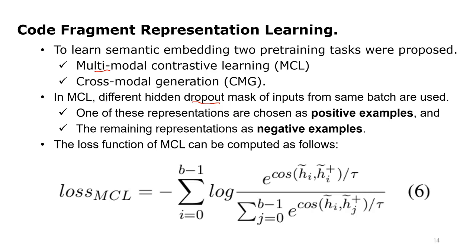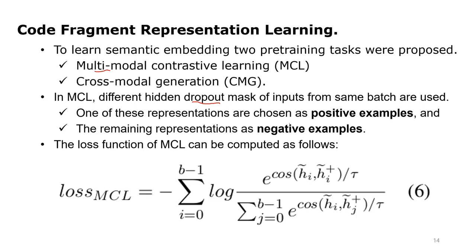In the case of multi-modal contrastive learning, they take the same input of the same batch, then give different dropout values for the same inputs.